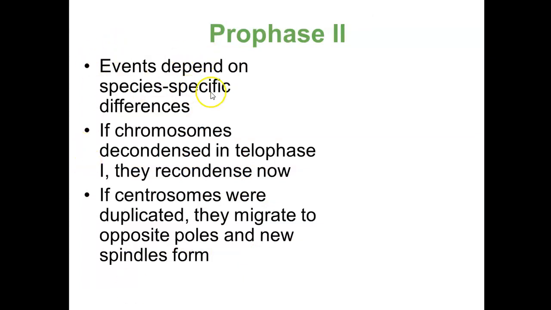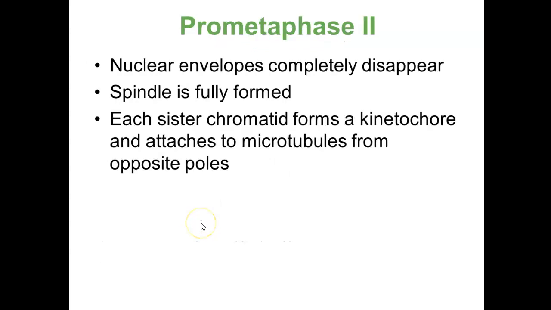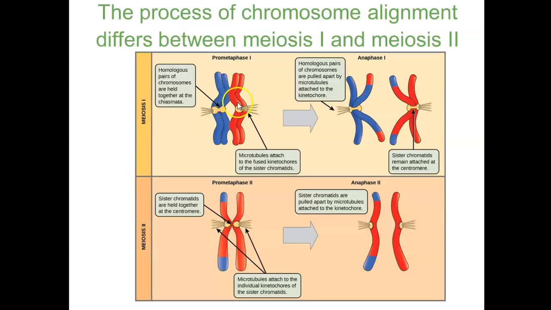So there are some details, but we don't really need to worry about them. The key thing is the duplicated chromosomes are going to attach to that microtubule system. They're attached right here, and then they're going to be split apart.